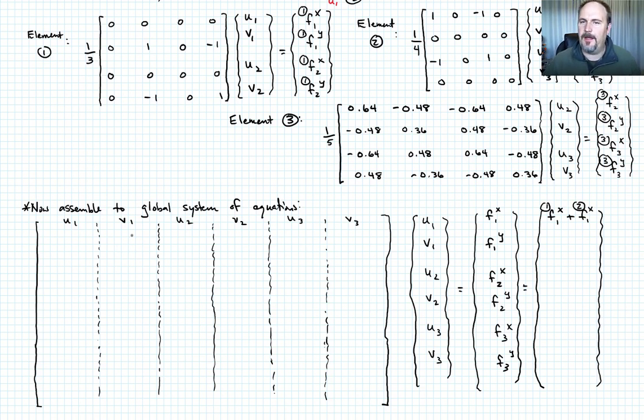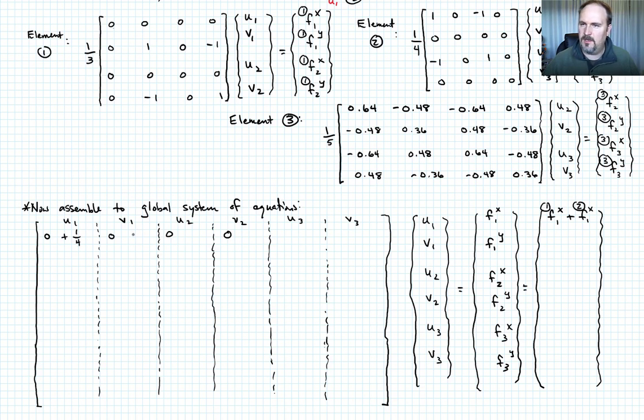And how do we do that? Well, this first row is just zeros. If I look at this, it corresponds to U1, V1, U2, V2, and those are all zeros. And if I go over to element 2, I see that that first row corresponds to 1, 0, negative 1, 0, but now I have U1, V1, U3, V3. So here's that first term. Remember, I have a 1/4 outside, so this is going to be plus 1/4.